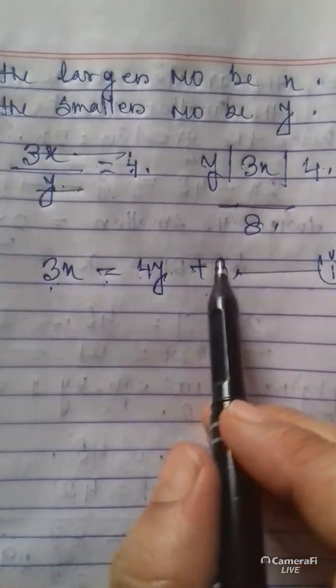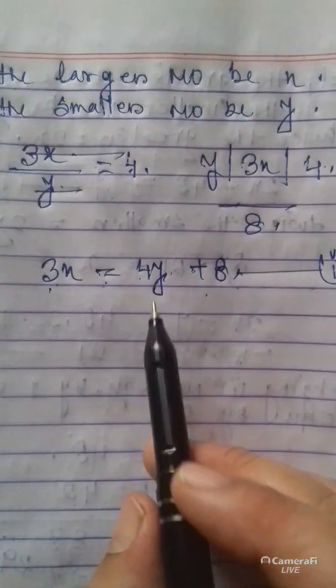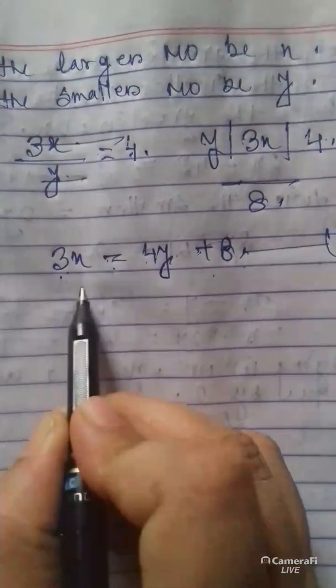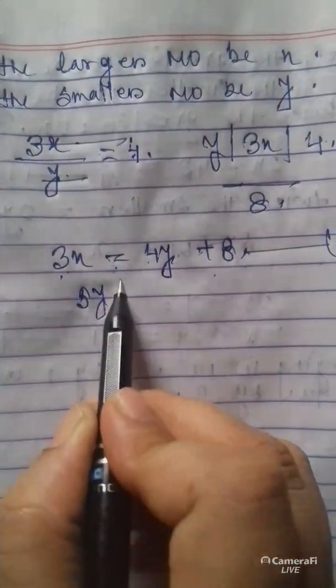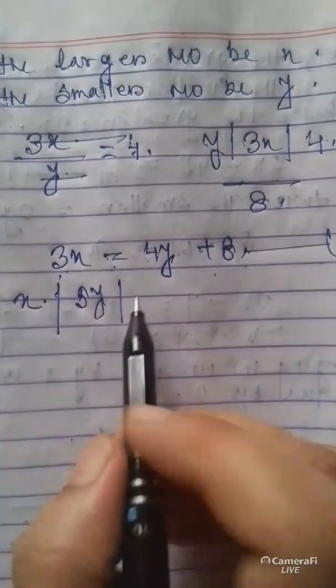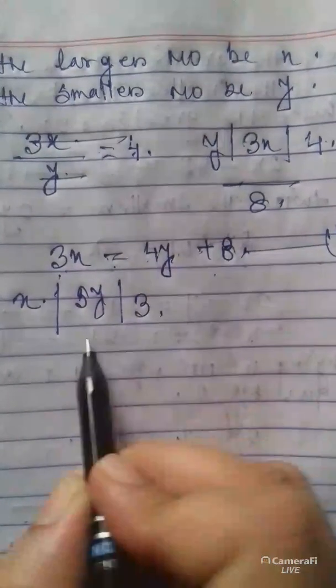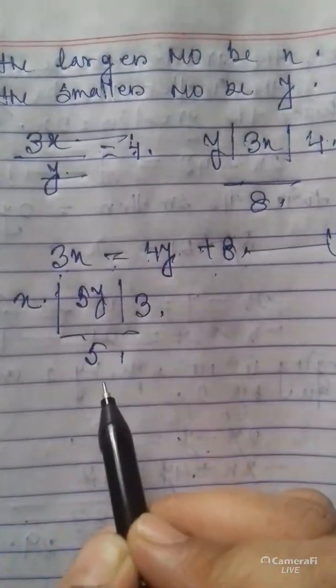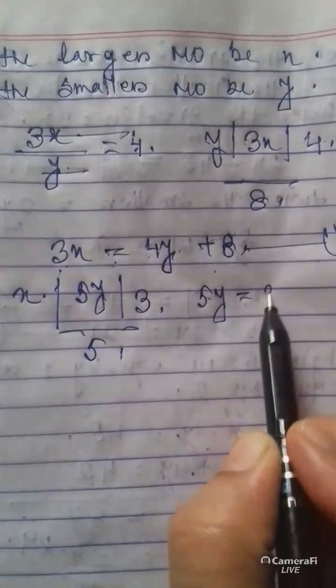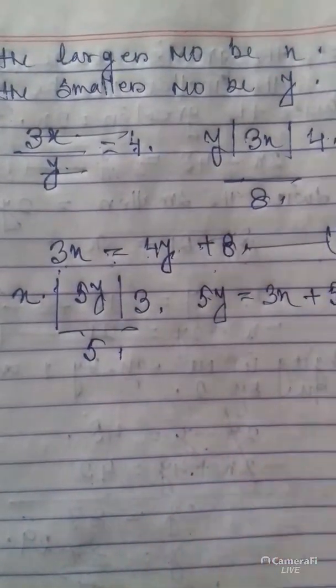And second number equation, 5 times the smaller is divided by the larger. 5 times the smaller means 5y, divided by the larger means x. Then 3 as a quotient and 5 as a remainder. Again we can write 5y equal to 3x plus 5.